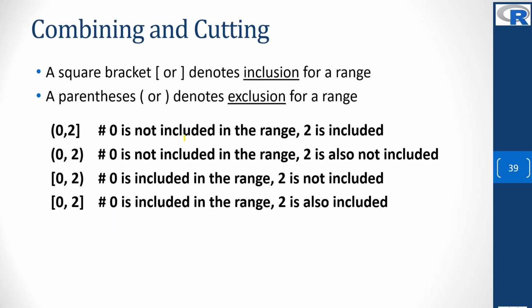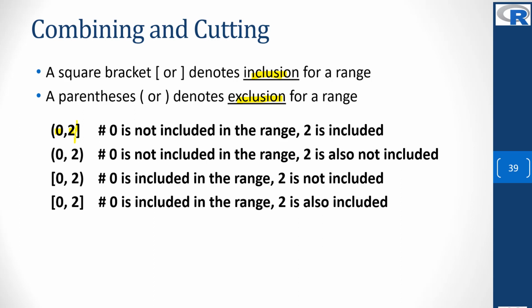These are the actual groupings that R has done for those 4 numeric values in the data. So for the parentheses and brackets, the square bracket denotes inclusion in the range. The parentheses denotes exclusions. The number that has a parentheses adjacent to it is excluded from that range, whereas if it has a square bracket, it is included in the range. So for example, in this interval, the parentheses indicates that 0 is not included in that range, but anything above 0 is, and anything up to the value of 2, or 2.0, because of the square bracket, will be included.